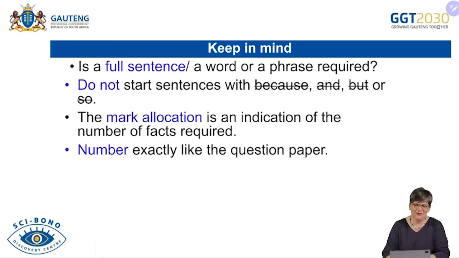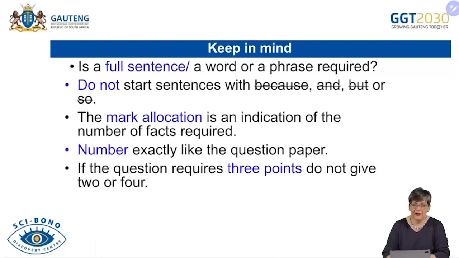I know the next one sounds obvious, but you'd be surprised. When we're stressing and when you're writing an exam, you might number incorrectly. So make sure you number exactly like the question paper. As I said, if a question requires 3 marks, then you have to write 3 points.